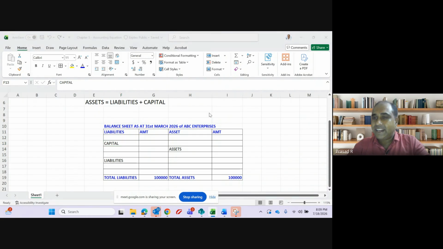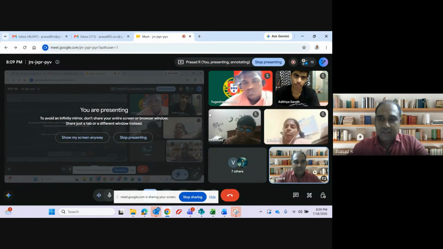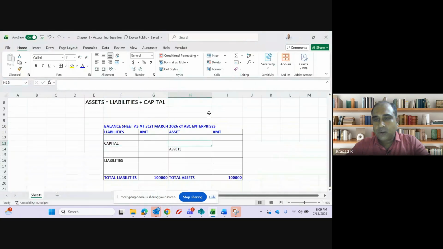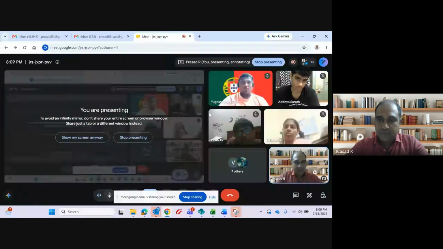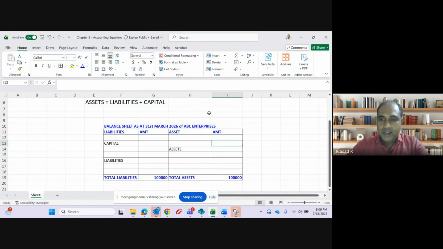Liabilities include internal liability, which is called capital, plus liabilities. So from here only the accounting equation has been derived. The total of assets should be equal to capital plus liabilities. That is how my balance sheet looks. So if my assets are 1 lakh rupees, my capital will be 80,000 and my liabilities will be 20,000.